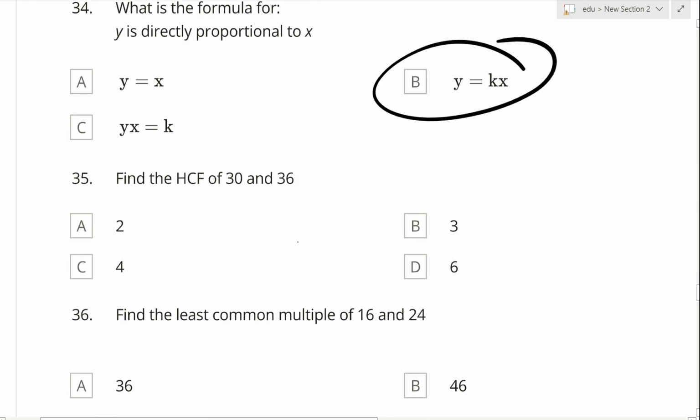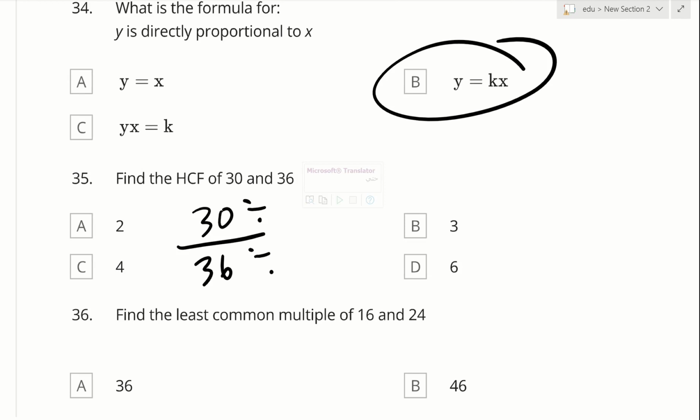Find the HCF of 30 and 36. So what is the biggest number that I can divide both of these numbers by? And the answer is 6.